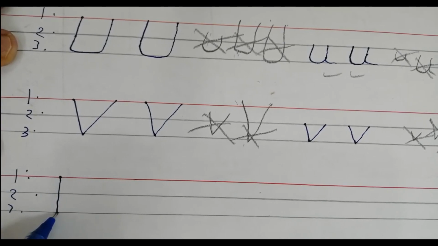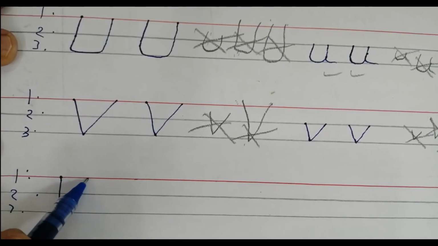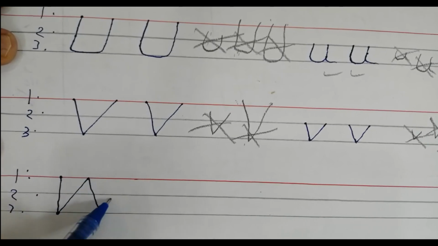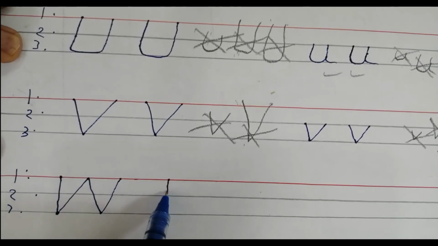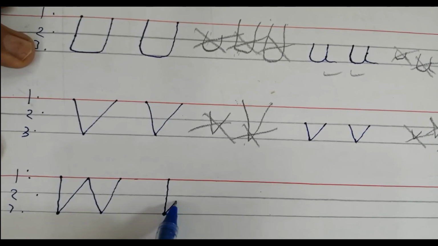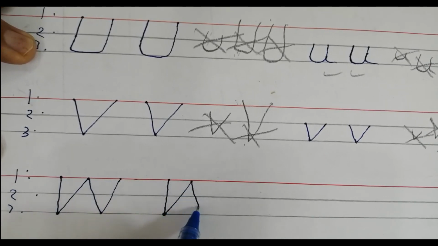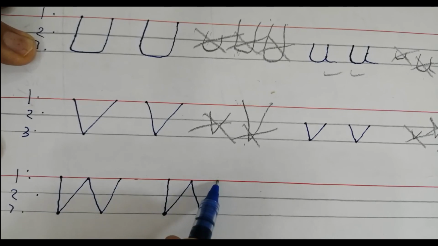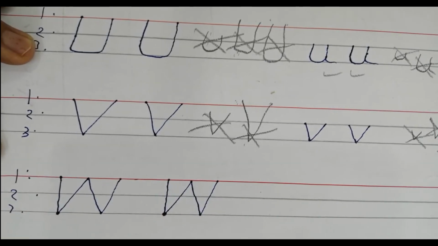Go from here, up here, down here, up here. See, nice. Again, a falling line from number 1 to number 3, up again to line number 1, down again, number 3, up again, number 1. As you play a game. Very simple and nice.